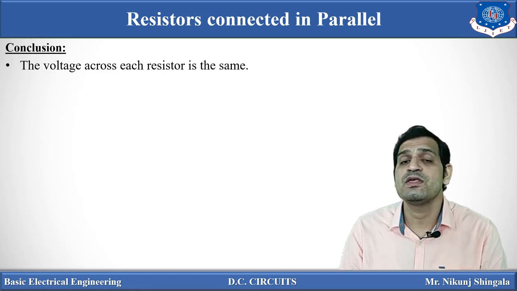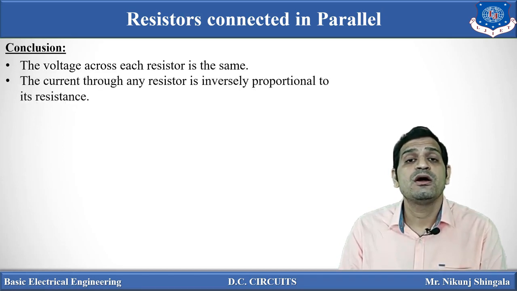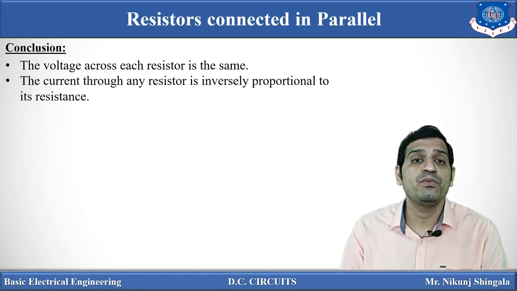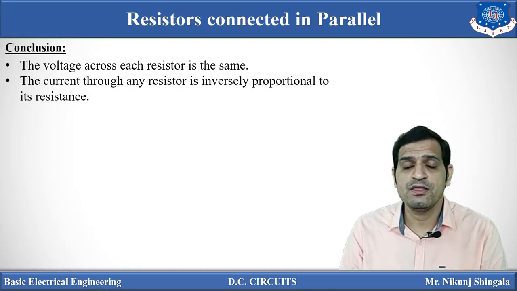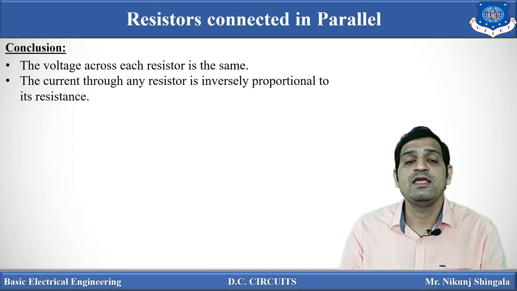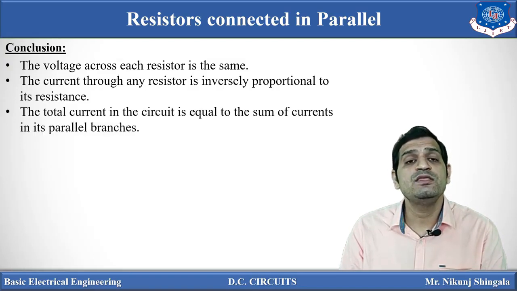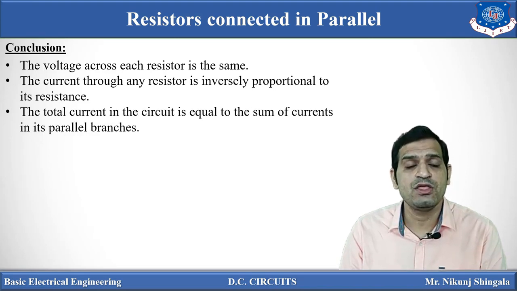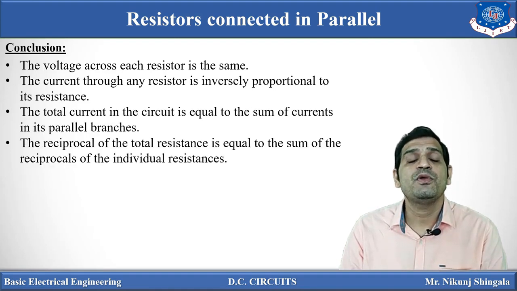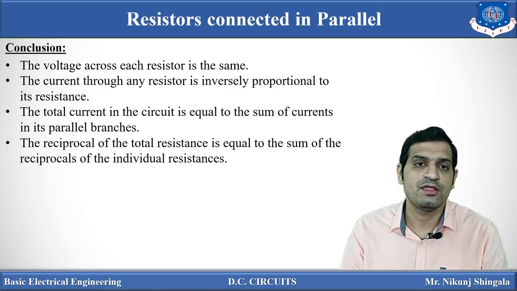The current through any resistor is inversely proportional to its resistance because I is equal to V divided by R. The total current in this circuit is equal to the sum of the currents in each parallel branch. The reciprocal of total resistance is equal to the sum of reciprocals of individual resistances.